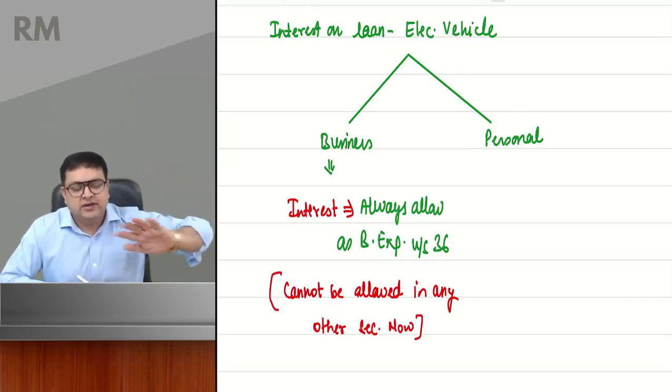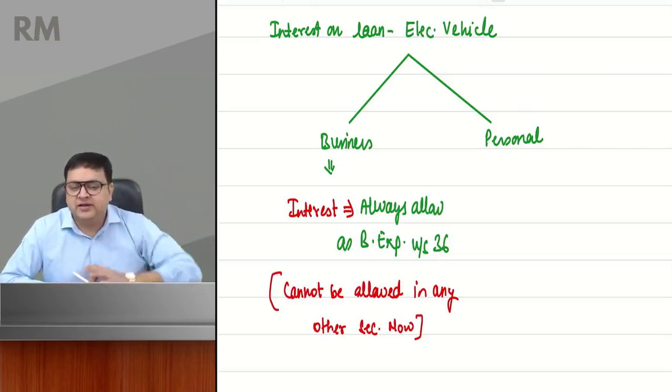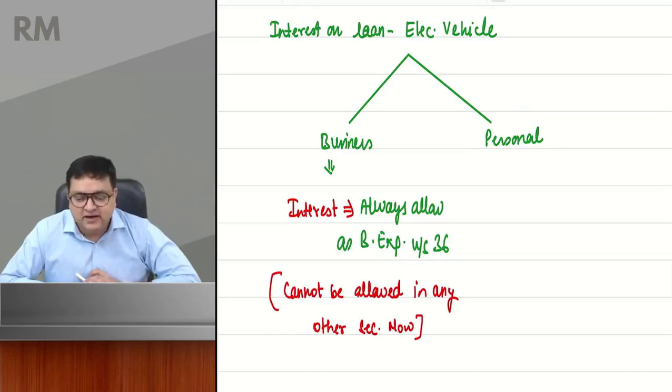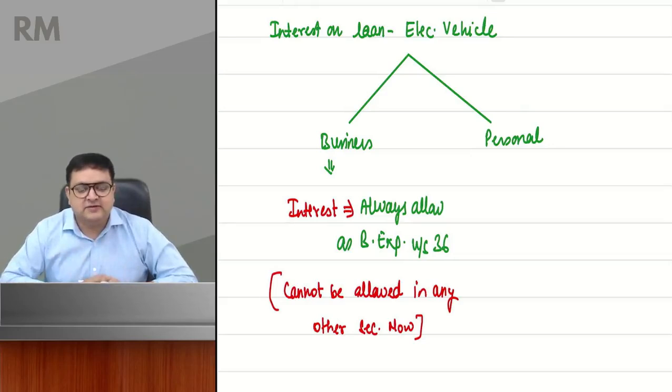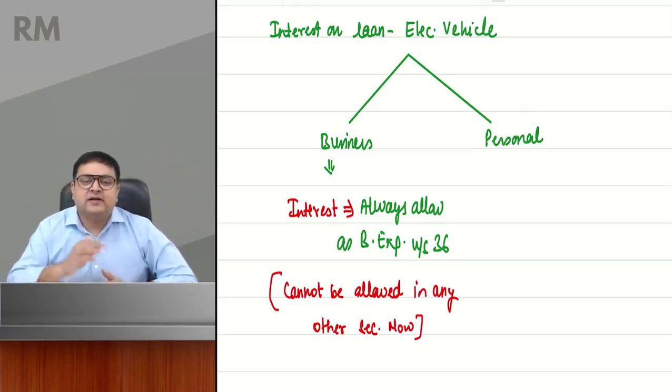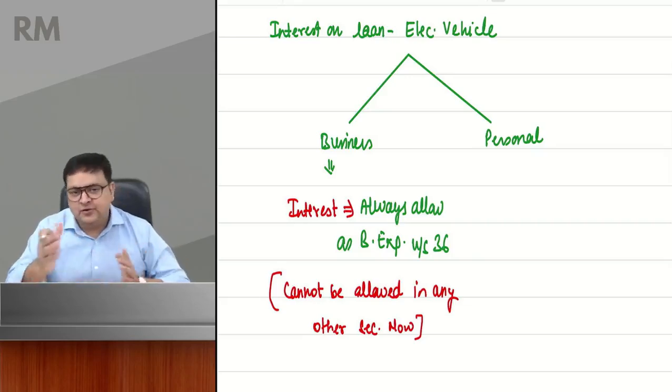No, in that case you cannot take a deduction. Correct? Because you have already claimed it as a business expense. And the deduction section also says that if you have already claimed a deduction under any other section, then you cannot come in this section. And it's perfectly logical also.